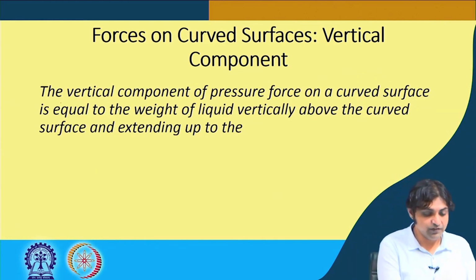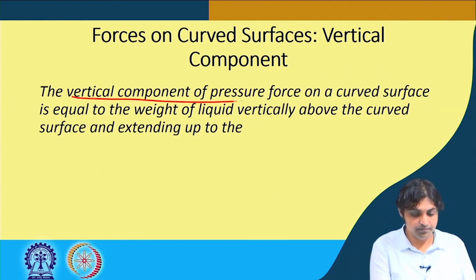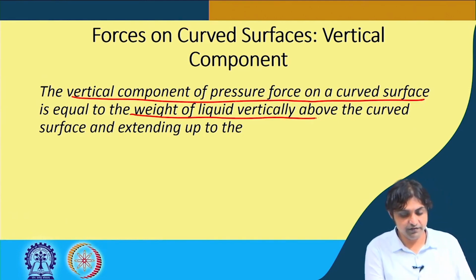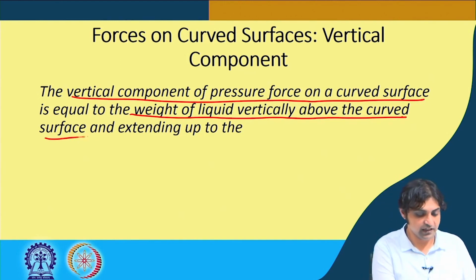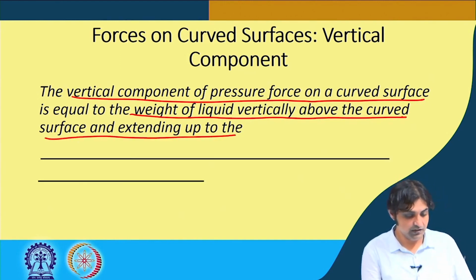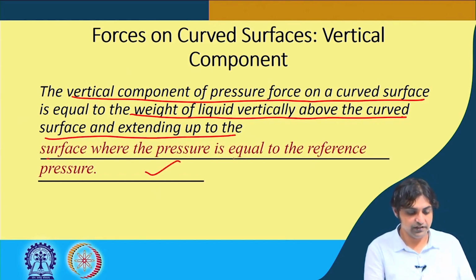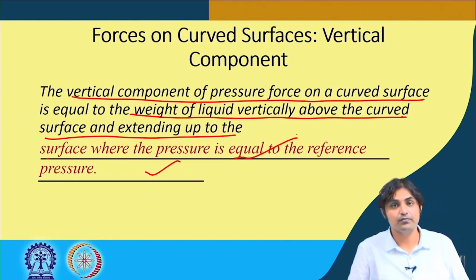So to sum up, the vertical component of the pressure force on a curved surface is equal to the weight of the liquid vertically above the curved surface and extending up to the surface where the pressure is equal to the reference pressure. This is the thumb rule.